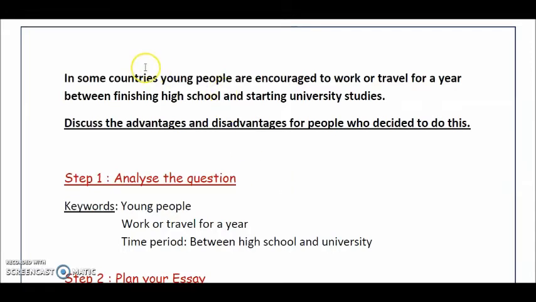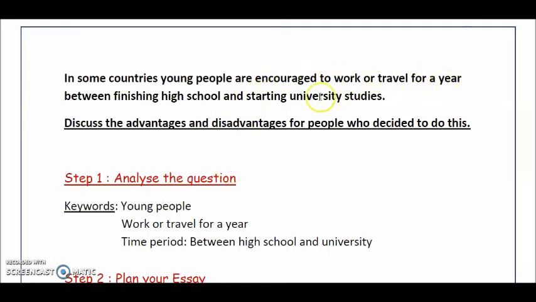So we are talking about young people. We are not talking about older people, and we are not talking about children either. We are talking about young people. So roughly we are going to assume it is 18-year-olds or 19-year-olds or 18 to 25 category of people. They are encouraged to work or travel for a year.